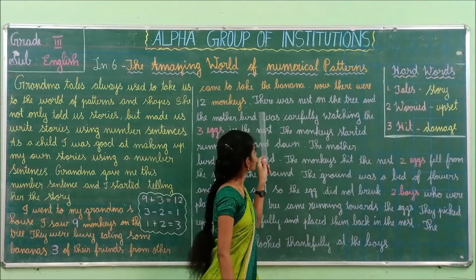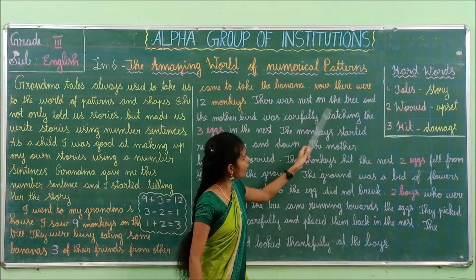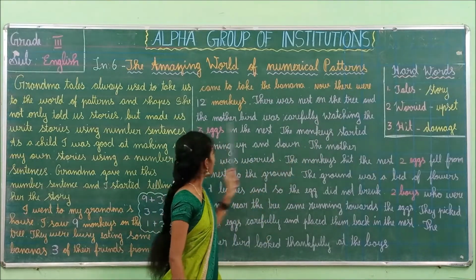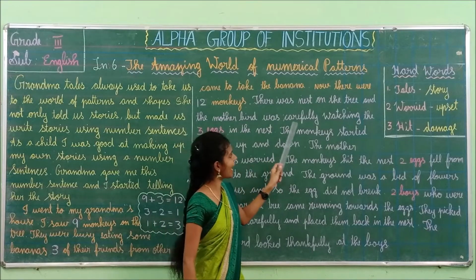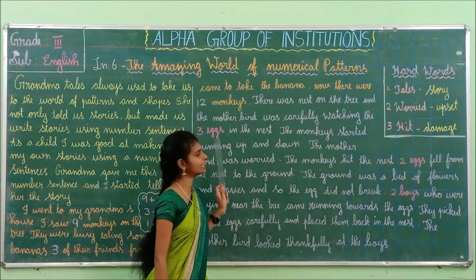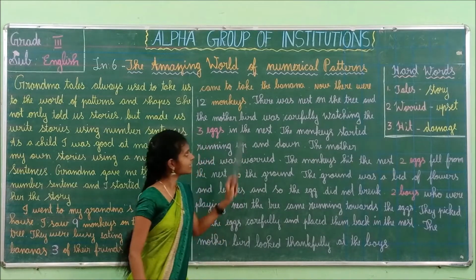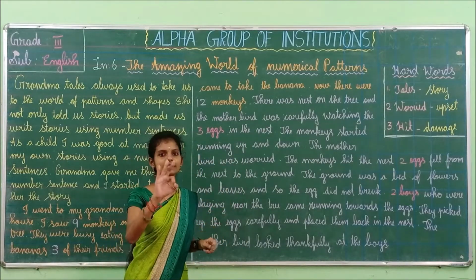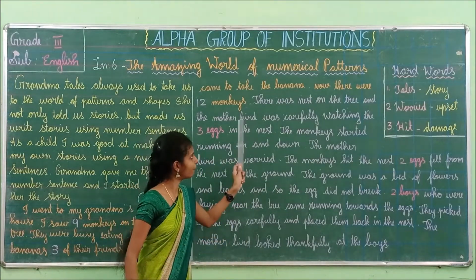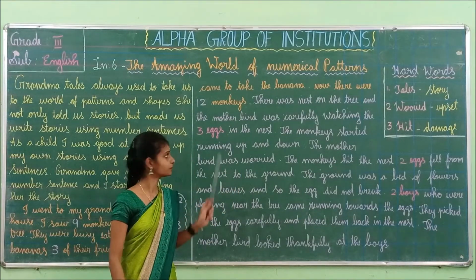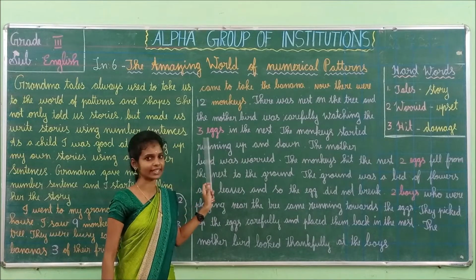And then there was a nest on the tree, and the mother bird was carefully watching the 3 eggs. So in that tree there was a nest, and in that nest there were 3 eggs. The mother bird is watching these 3 eggs carefully.